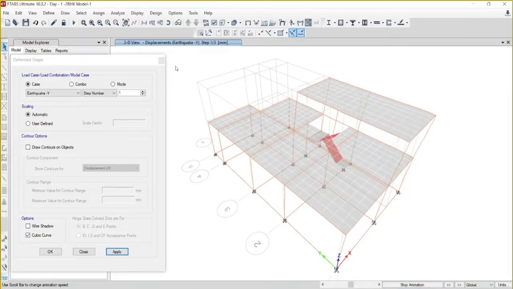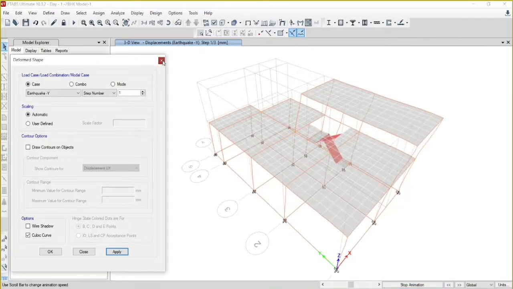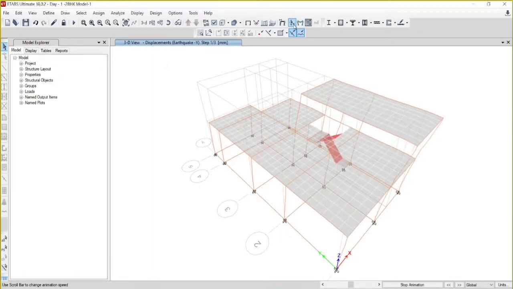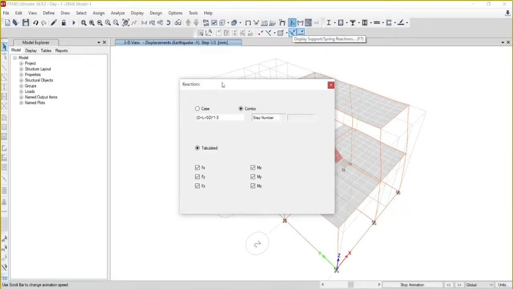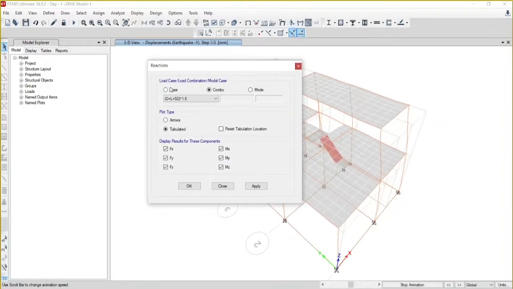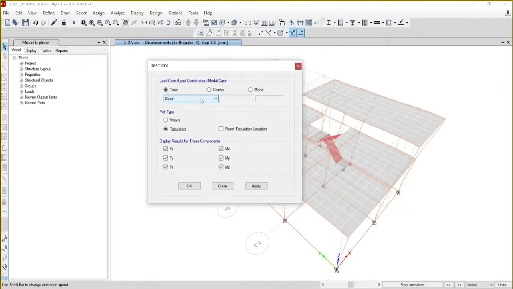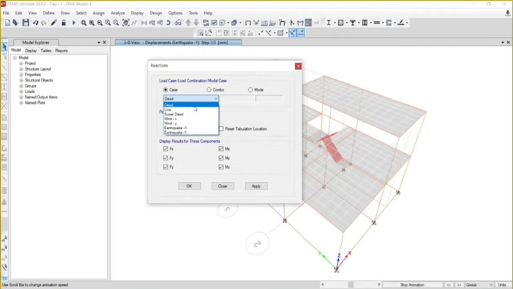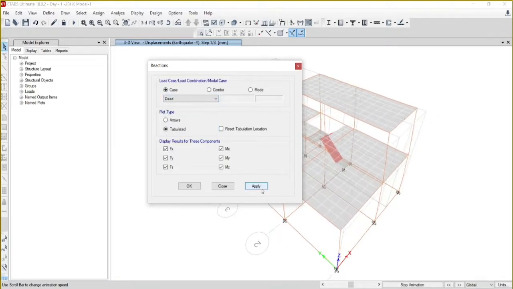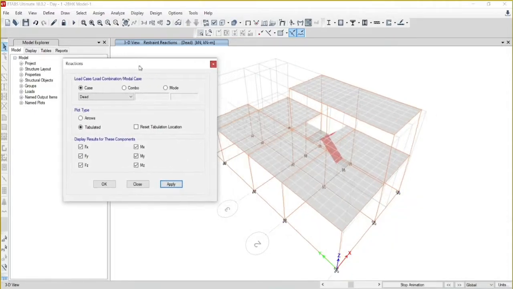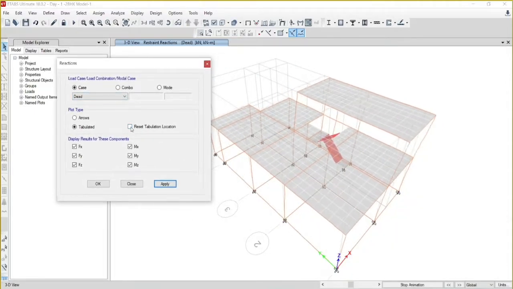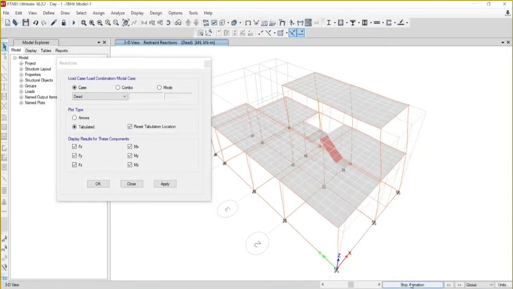And let us understand the reactions. Let us go to reaction. Let us understand the dead load reaction. Apply. Stop animation.